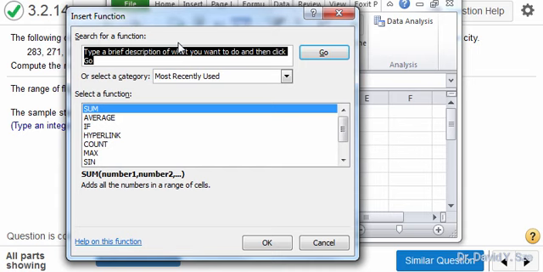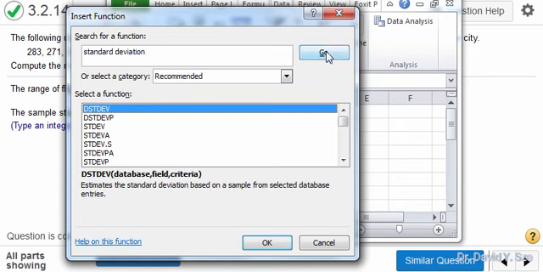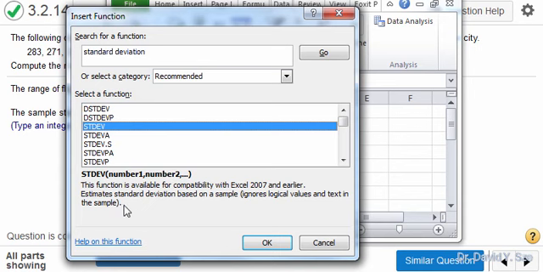So let's say we want something with the standard deviation. We search, and there's a bunch of stuff. Sample from a selected database, no. Population of a selected database, no. Here it is, the standard deviation of a set of numbers.